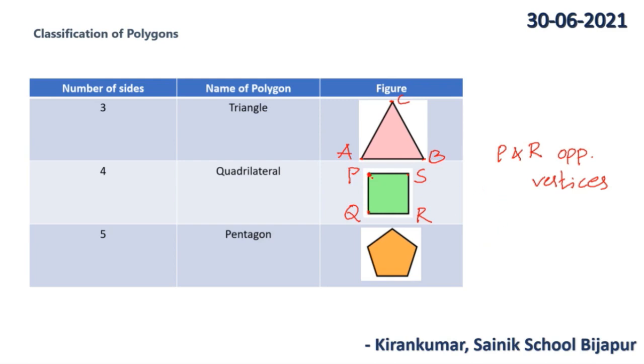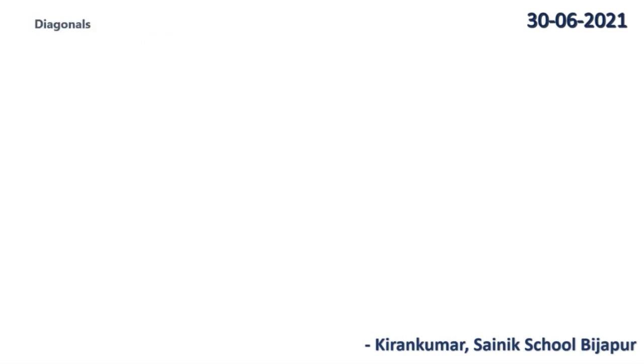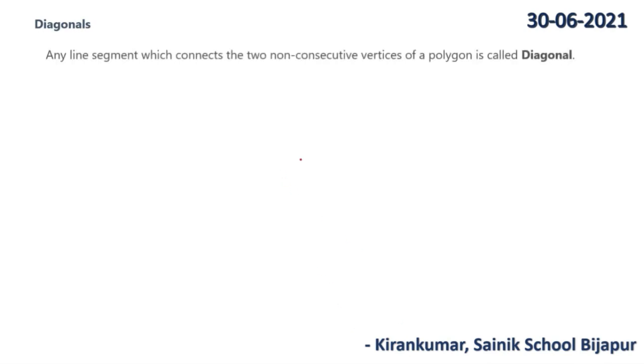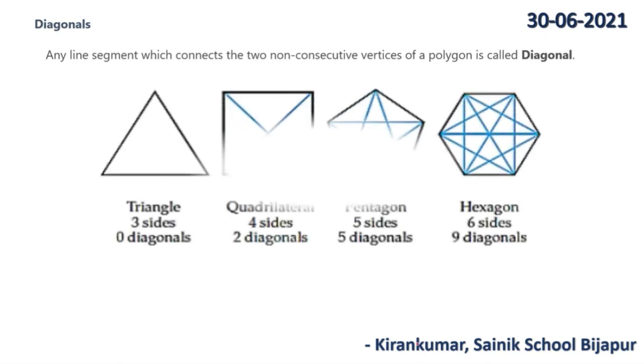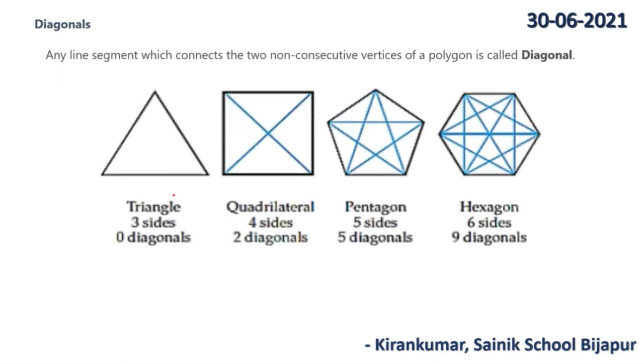You need to know the opposite vertices and adjacent vertices so that we can define a diagonal. A diagonal is defined as any line segment which connects two non-consecutive vertices of a polygon. Look at these figures here. The triangle has 0 diagonals because the non-consecutive vertices are missing in a triangle.